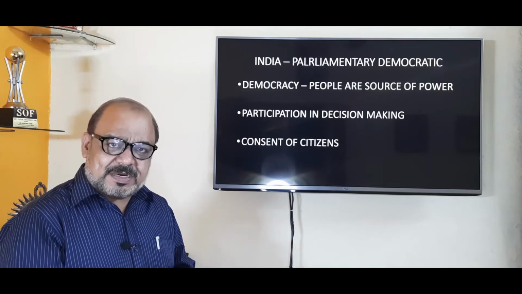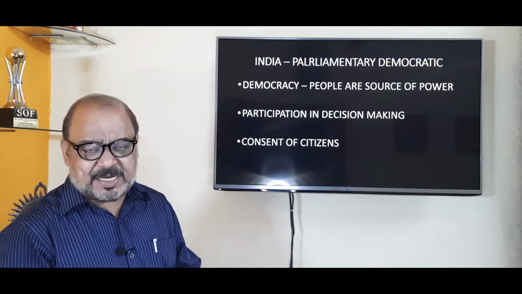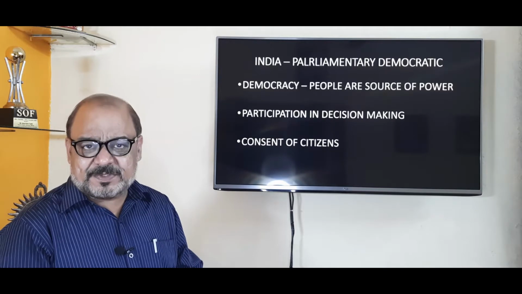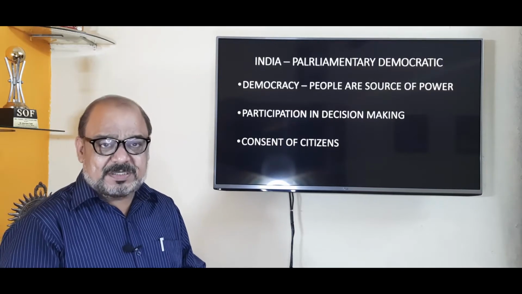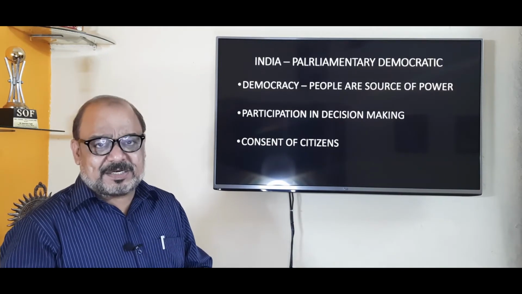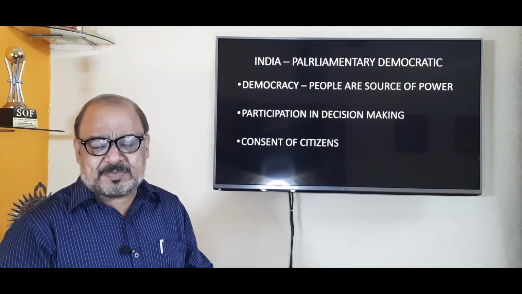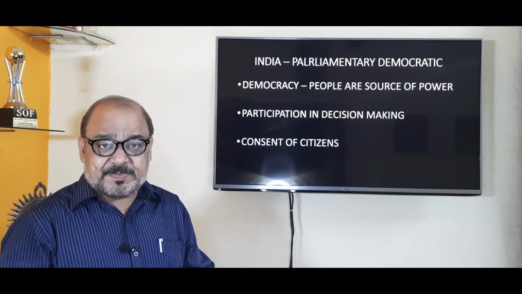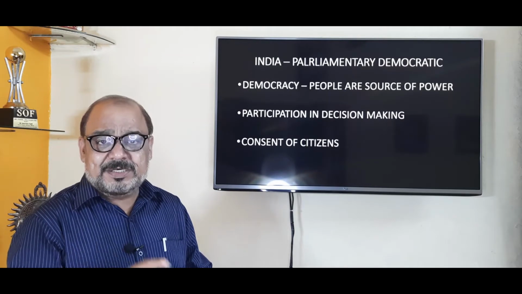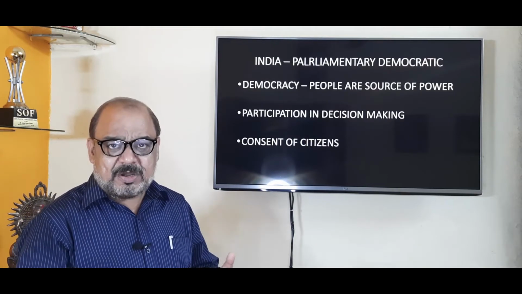And those representatives have been elected by the people of this country. It means the people indirectly, or you can say through their representatives, participate actively in decision making or law making.